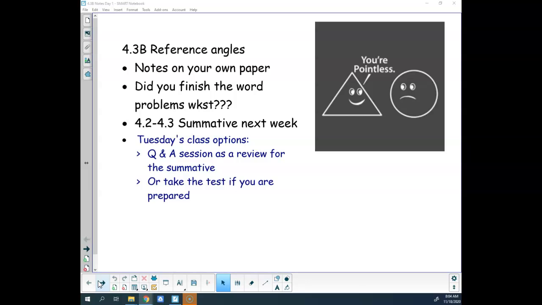Next week, we have a summative, a 4.2 and a 4.3 summative. This TAN review packet, this 3-page TAN review packet, will be collected. It's the only homework that we are collecting this unit.